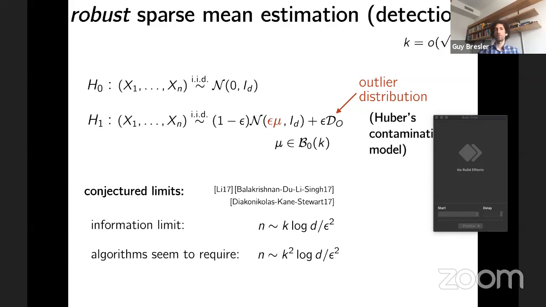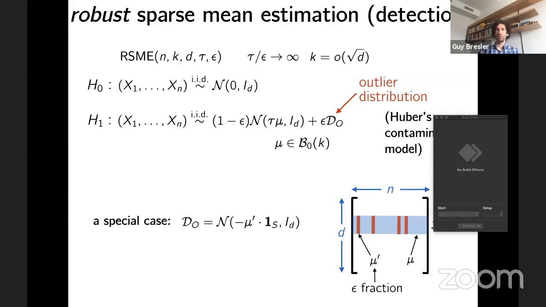Okay, so how can we map to robust sparse mean estimation from planted clique or from secret leakage planted clique? Well, it's going to be useful to look at, at a high level, what a cartoon version of robust sparse mean estimation looks like. This matrix in the bottom right is just the mean matrix. In the d dimensions, which are the different rows, there are k non-zeros because the means are k-sparse.